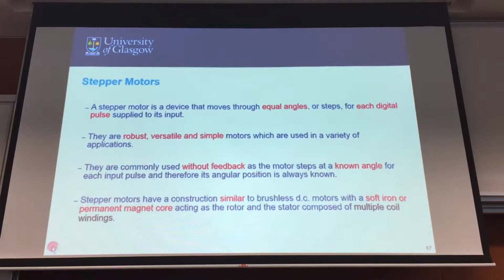If you have a higher number of bits, then you get a higher number of step sizes. So if you have 2 to the power of 8, that means an 8-bit signal going to your stepper motor, you can effectively control it precisely in 256 steps individually to exactly the position that you want.